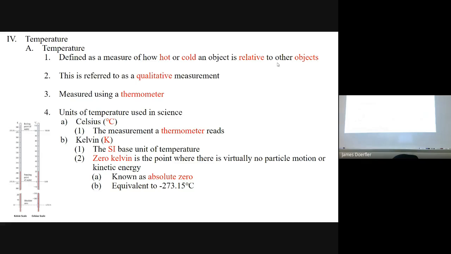And absolute 0 Kelvin, so 0 K, is equal to negative 273.15 degrees Celsius. And as I mentioned, the process of converting between Celsius and Kelvin is very simple and straightforward.